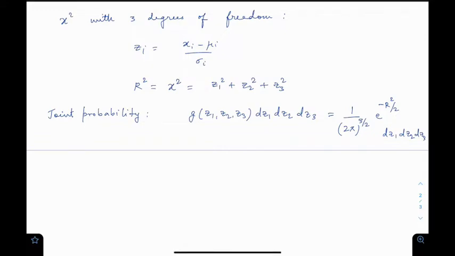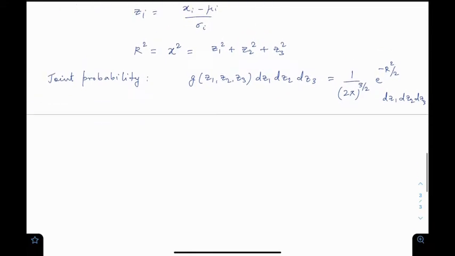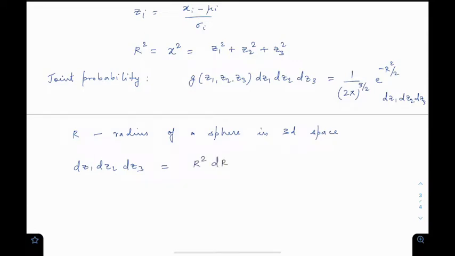Now we can think of capital R, especially based on this definition, as the radius of a sphere in 3-dimensional space. In such a case, we can rewrite the integration measure dz1 times dz2 times dz3 in spherical coordinates. It's r square dr d cos theta d phi.